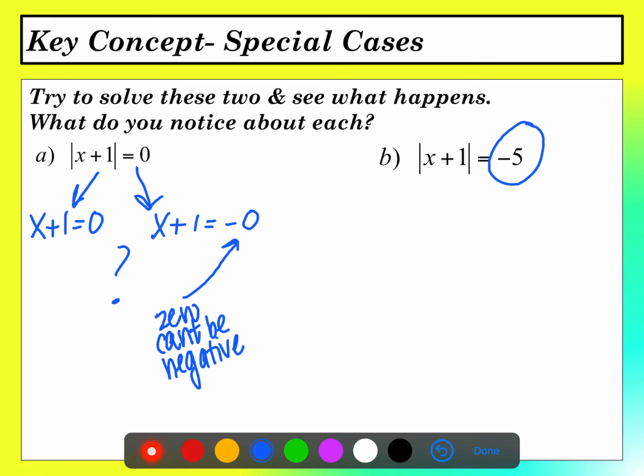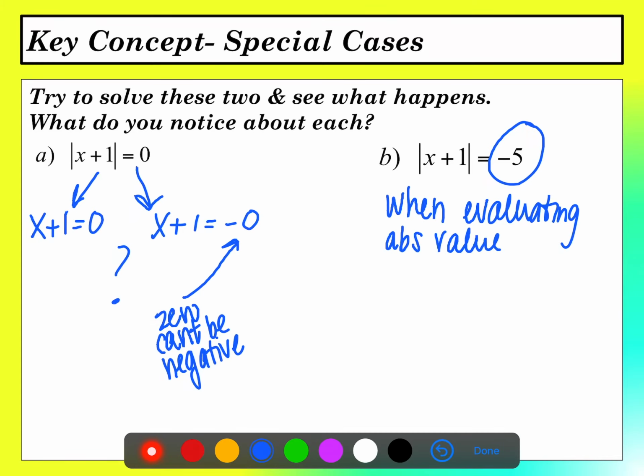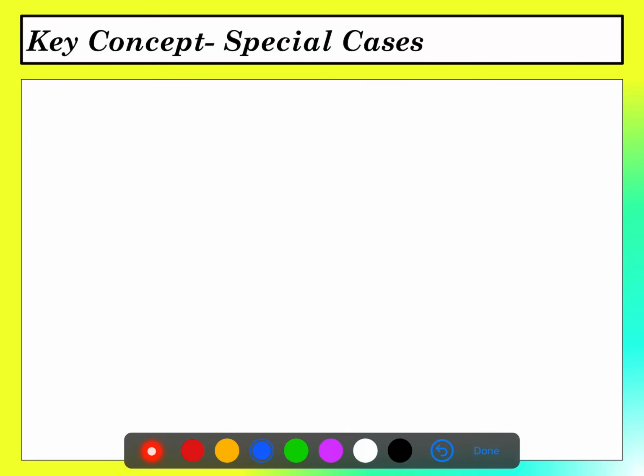Okay, so if you came up with, well, it's equal to a negative, which doesn't make sense because anything that comes out of the bars, when we evaluate absolute value, has to come out of the bars as what? Has to be positive. So how is something coming out of the absolute value bars and it's negative? Okay, so what does this mean? What are my two special cases?